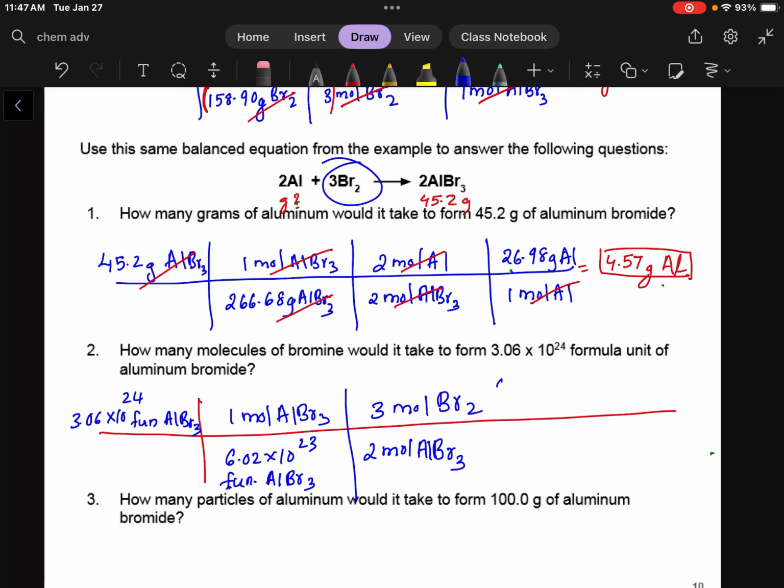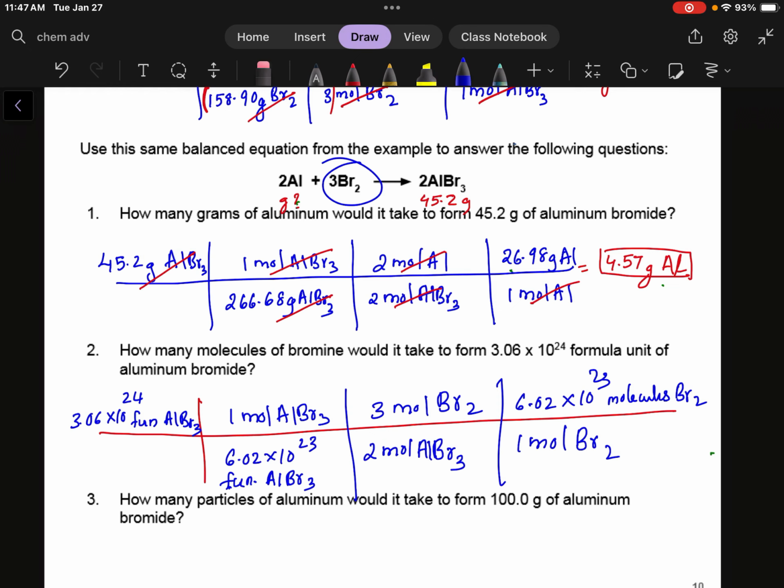Now we need particles, so 1 mole of bromine has 6.02 times 10 to the power of 23, and since it is diatomic, we will write molecules of bromine.